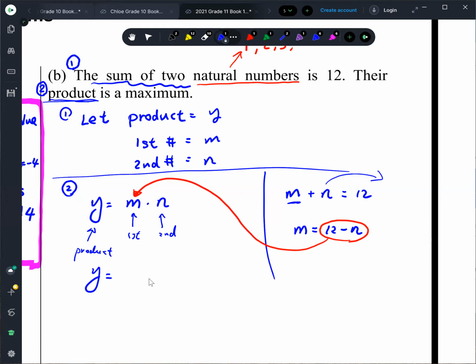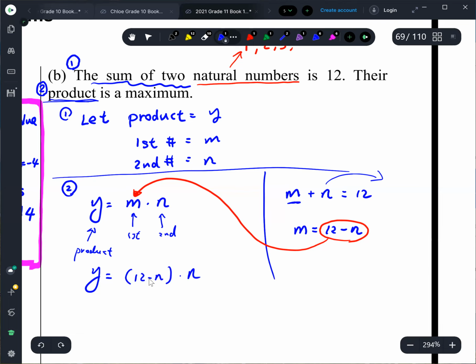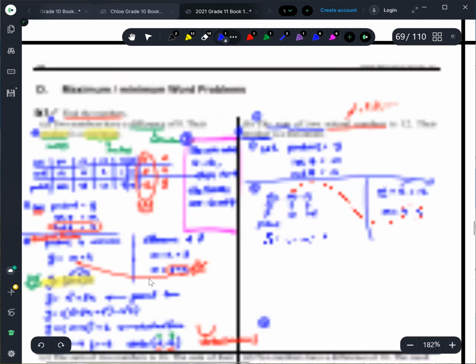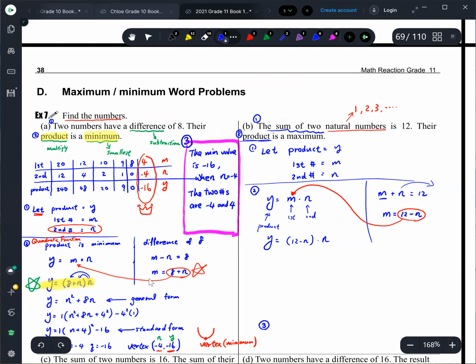Okay, so Jenny, what does your function look like now? Y equals bracket 12 minus N bracket times N. Yeah, very good. So right now we are at this yellow highlighted step.